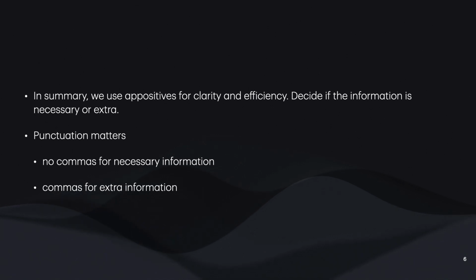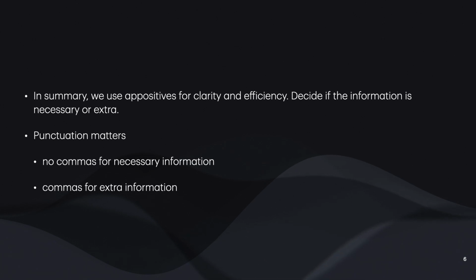Punctuation matters. No commas are needed for necessary information, but commas are needed for extra information. Remember that. If we have extra information that is not necessary to identify, we use commas.